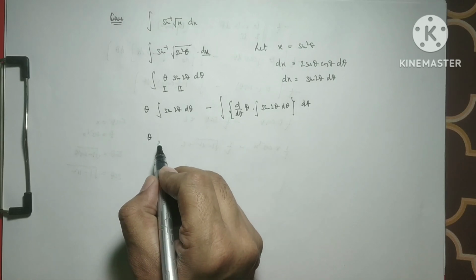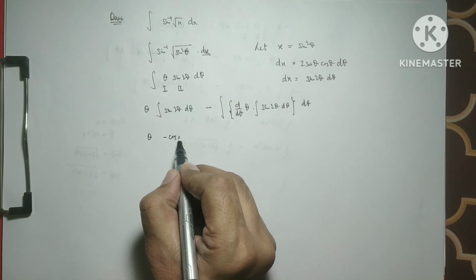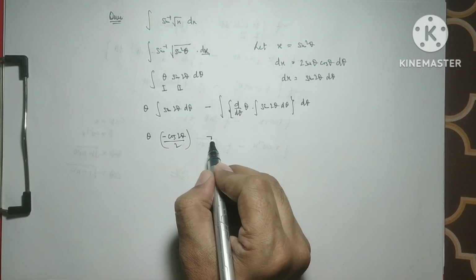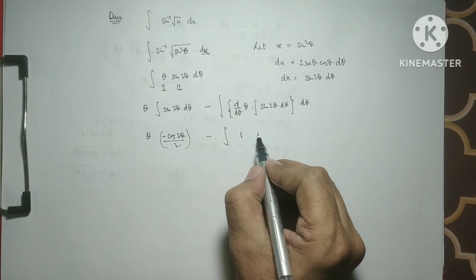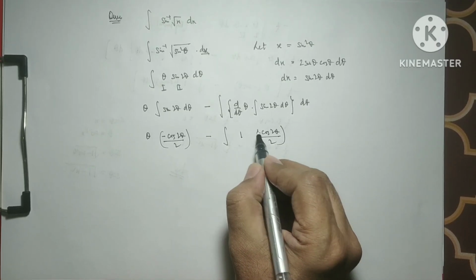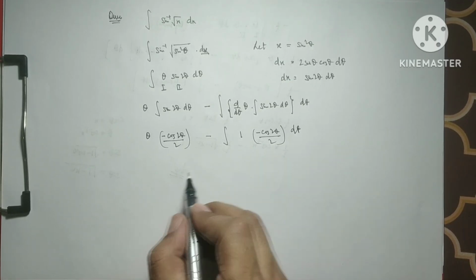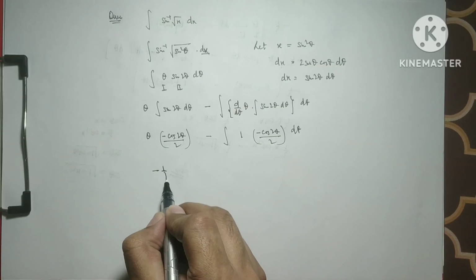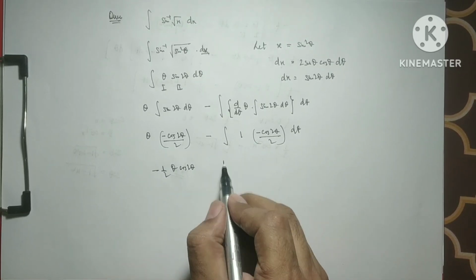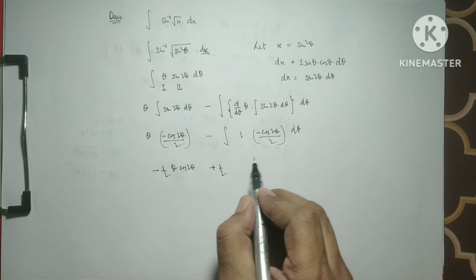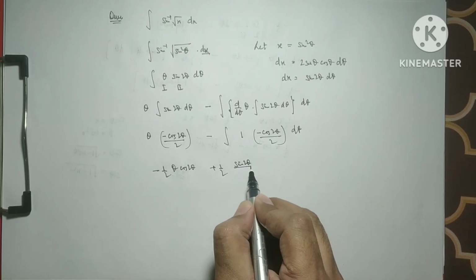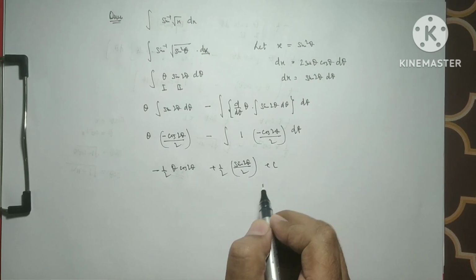So it is minus cos 2 theta divided by 2, and it is 1 and this is minus cos 2 theta divided by 2 d theta. So it is minus half theta cos 2 theta, and this becomes positive, and the integration of cos 2 theta is sin 2 theta over 2 plus c.